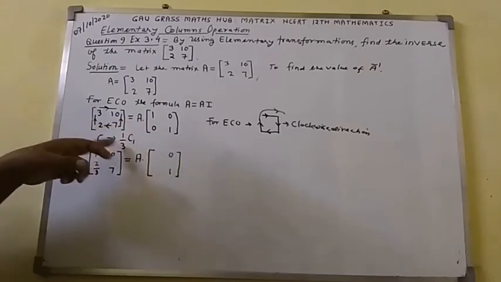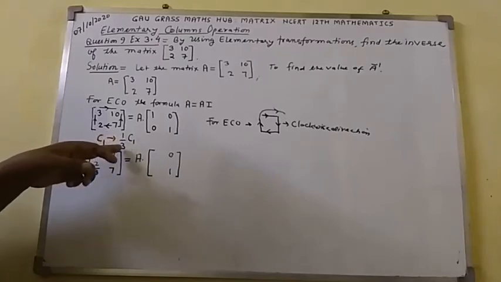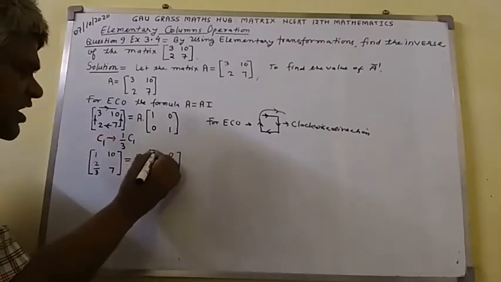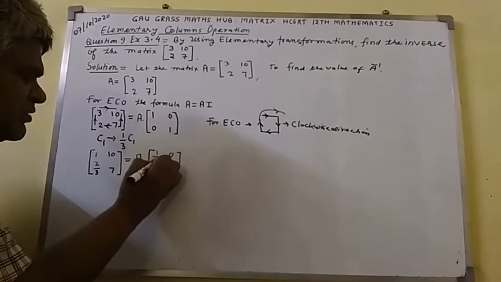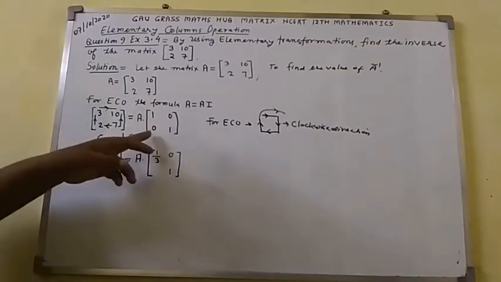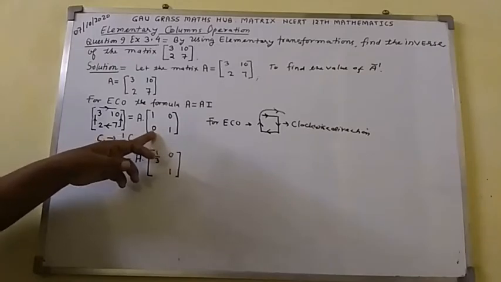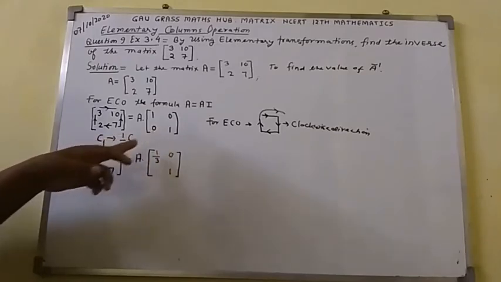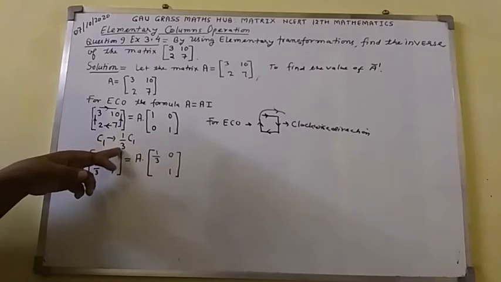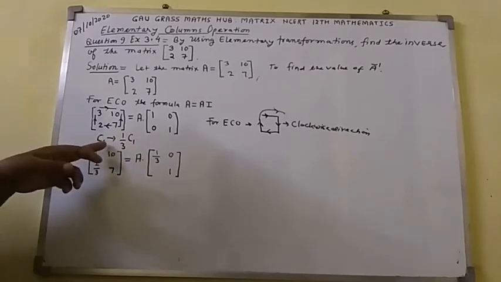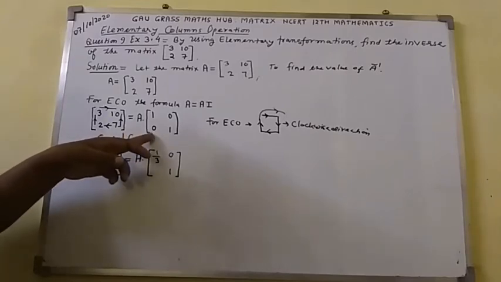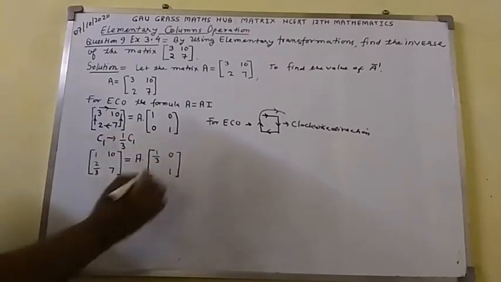Here it will become 1 over 3. Here 0 is there, the second element of column 1. So in place of C1 I shall write 0. 0 over 3, it will become 0 for the second element of column 1.